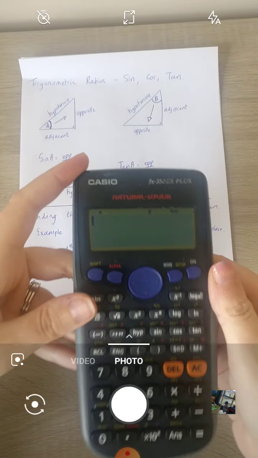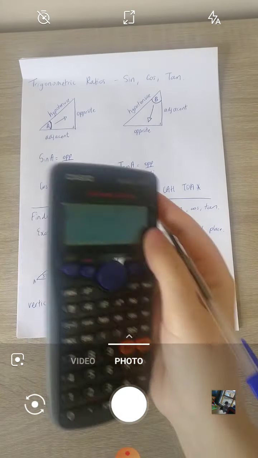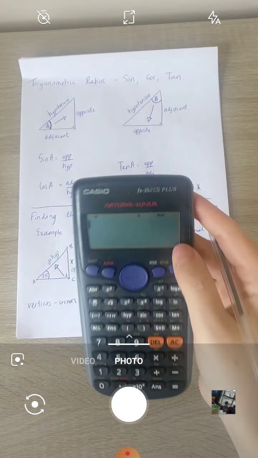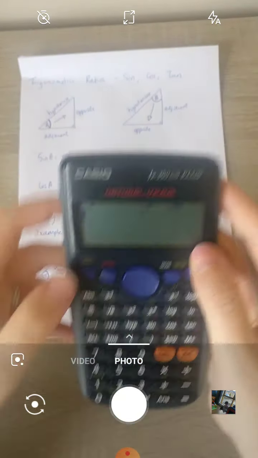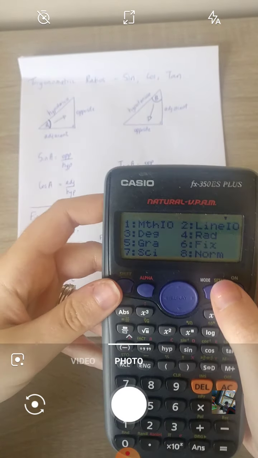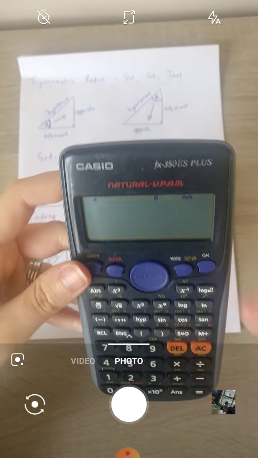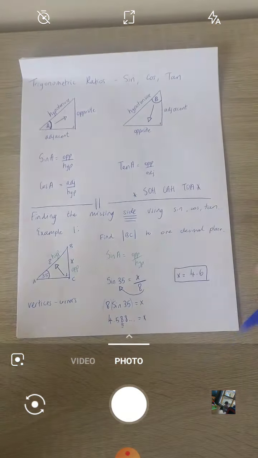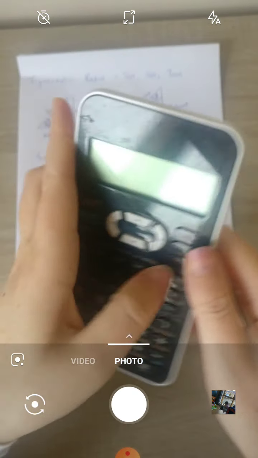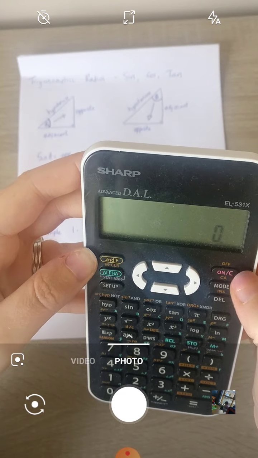Just a note on the calculator. If we have to check our calculator, we need to go to shift mode and make sure it's in degree mode, so 3, and there should be a D at the top if it's a Casio calculator. And here, this one is degrees already.